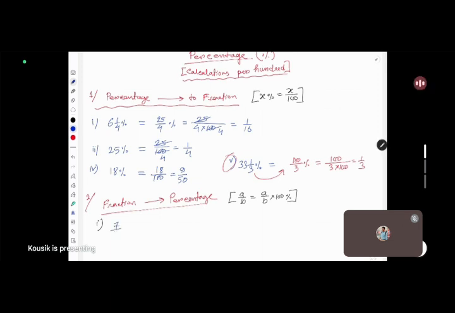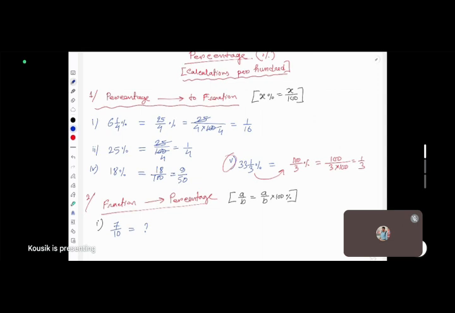7/10 কত পার্সেন্ট হবে? 7/10 is equal to how many percentage? Sir, 70%.